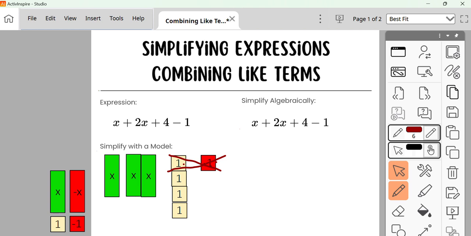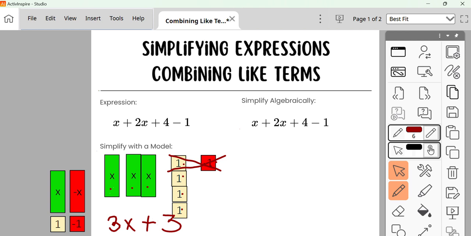So we can cross them out. So that means our answer is 3x and positive 3. So that would be plus 3. And that's how we simplify using a model.